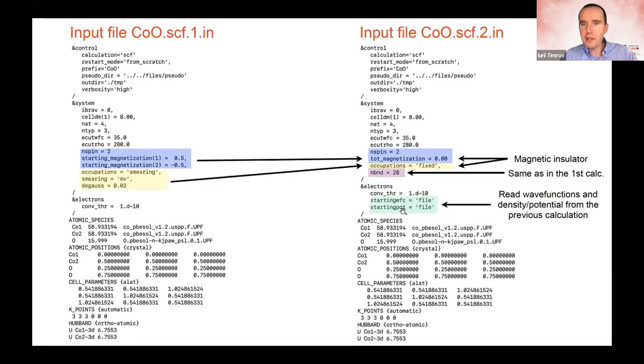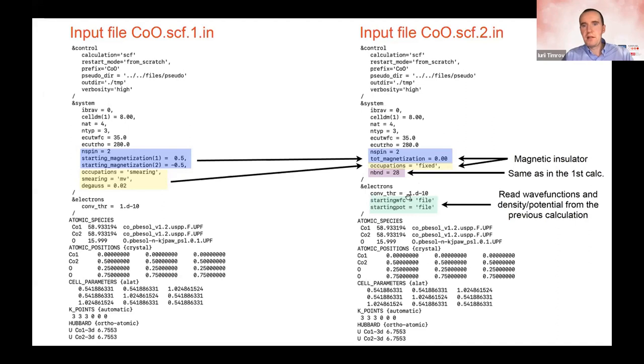So the code will read the wave functions and the density, which were already well converged in the previous run. So we have a very good starting point here because we don't start from an unknown density or some very bad initial guess, but from a very good density and very good wave functions. The only thing that we do is simply switch from the calculation with smearing to the calculation without smearing.